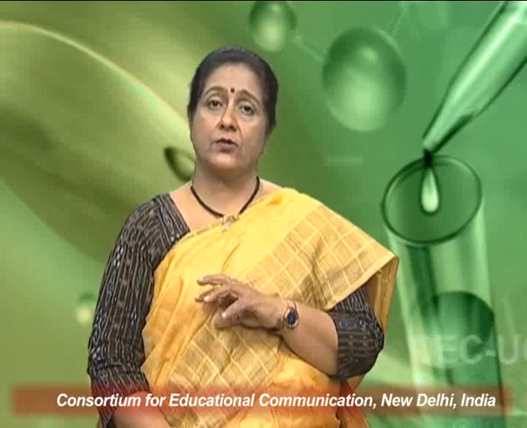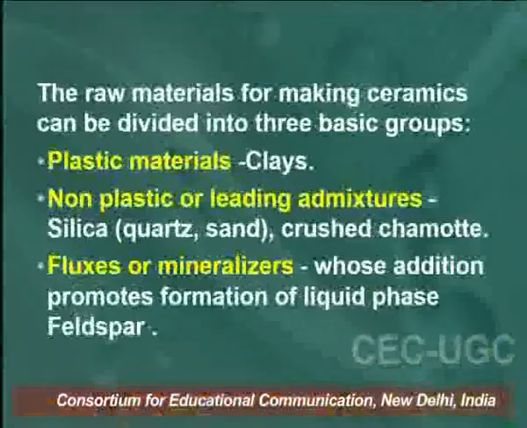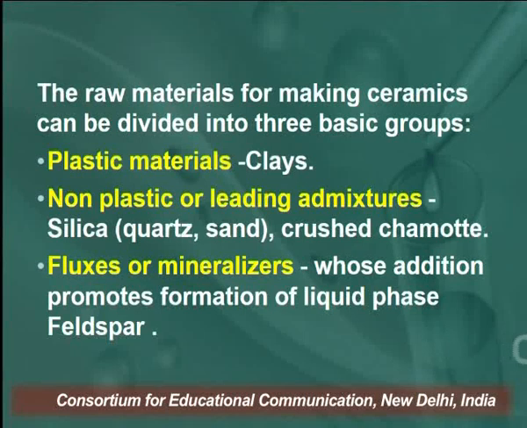Now, basic raw materials for the manufacture of ceramics. The raw materials can be divided into three basic groups: plastic materials, clays; non-plastic or leaning admixtures like silica, which can be quartz or sand, and crushed chamote; and fluxes or mineralizers, whose addition promotes formation of liquid phase, such as feldspar.